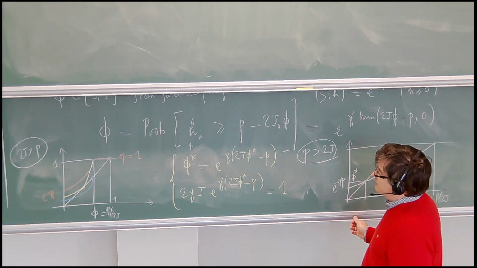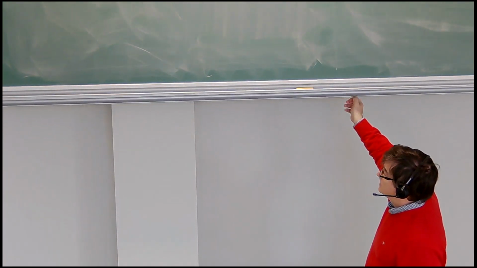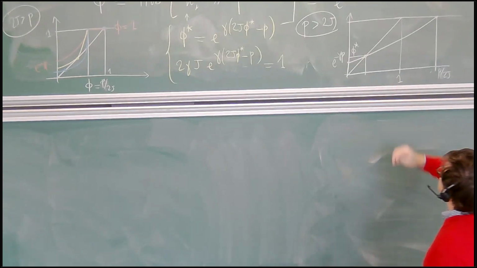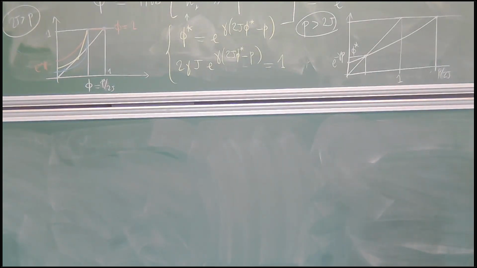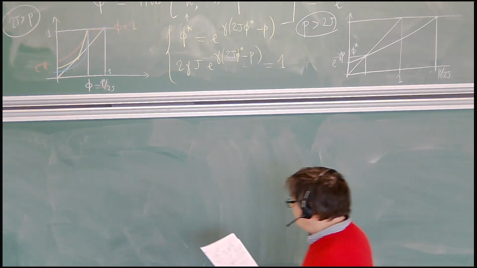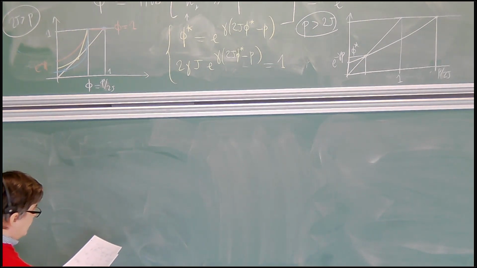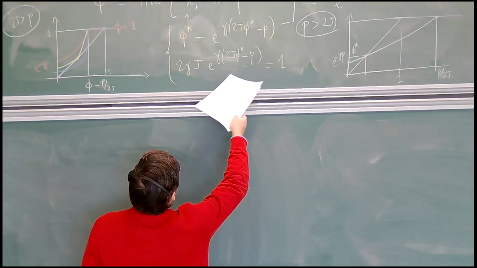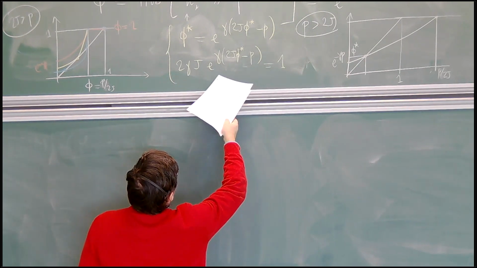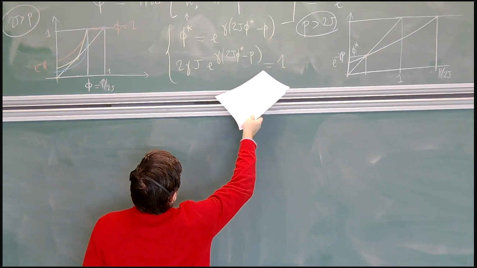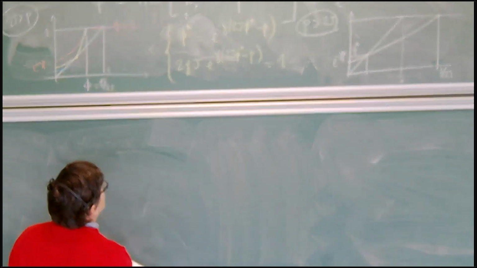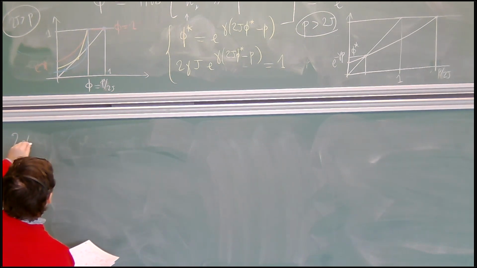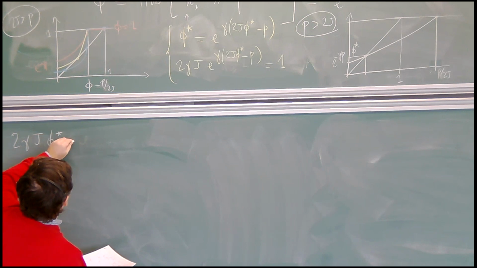So these are the same equations as I wrote in a general case before, but now I'm more explicit because I've given a special shape to rho of h. And so you see, for example, what I can do is use this equation here to extract the fact that the exponential function here is equal to 1 over 2 gamma J. And so the first equation is going to give me something like 2 gamma J phi star equal 1.